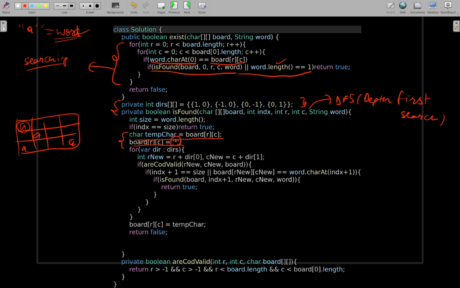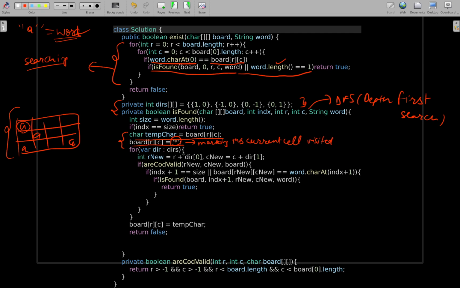Any character will do that is not in the range of the characters allowed for the board. Since it was mentioned that only upper and lower English letters are allowed, I took star to mark it temporarily visited. So we are marking this current cell visited.